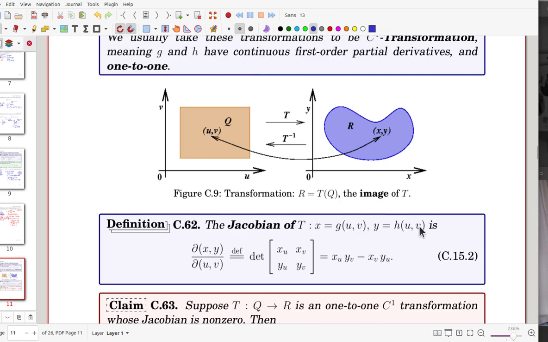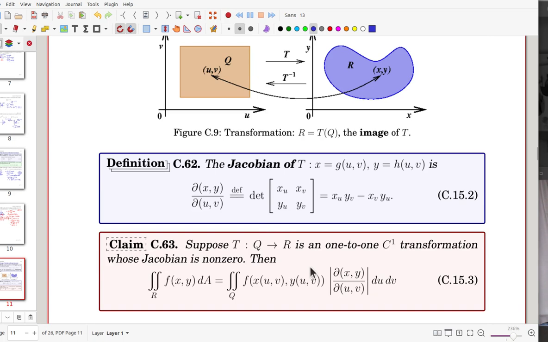Now, when you do that, x is a function of u, v, and y is a function of u, v. So you can get the Jacobian, the determinant of the x u, v derivatives and y u, v derivatives, which is this one. In integration, that is a scaling factor.